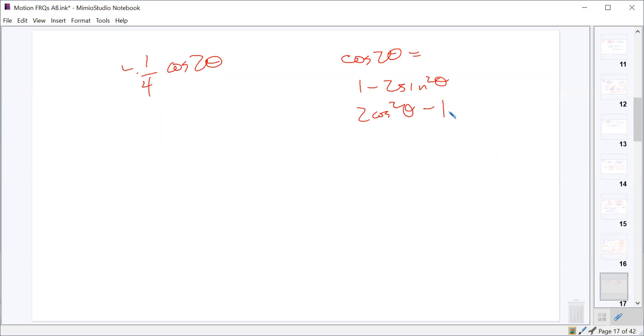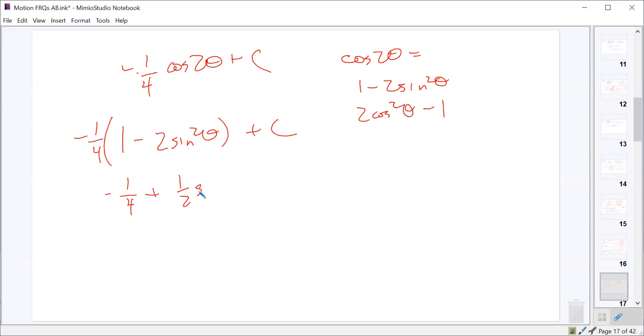Yeah, those are good. So if I were to take cosine 2 theta and replace it with 1 minus 2 sine squared theta, we'd end up with negative 1/4. And remember that we had a plus a constant here. So plus a constant here. We have negative 1/4 plus 1/2 sine squared theta plus some constant.